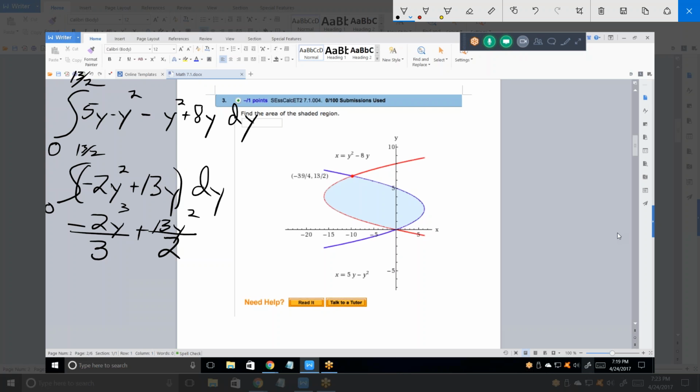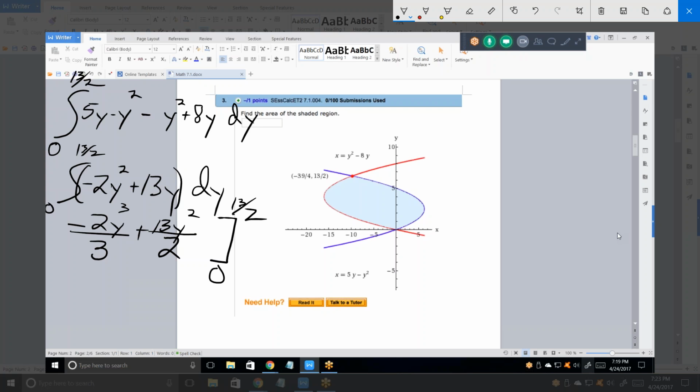Step by step, plug in. This stuff is simple if you just follow the methodology and repeat. Now, that's the antiderivative, and we want to evaluate that from 0 to 13 halves.